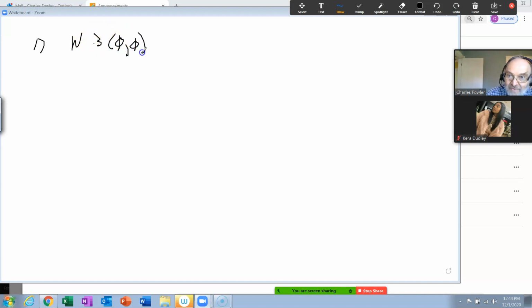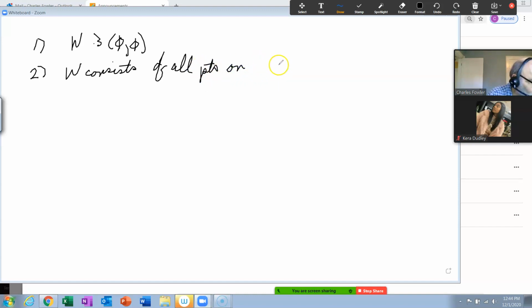Remember, we talked about that earlier, okay? So that certainly is. W consists of all points on a line. Now this is in R2 only, okay? On a line that passes through the origin.